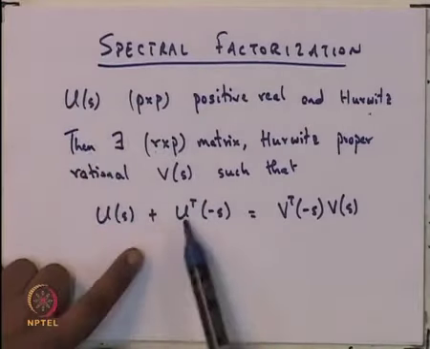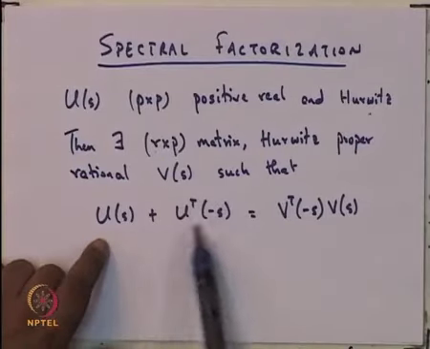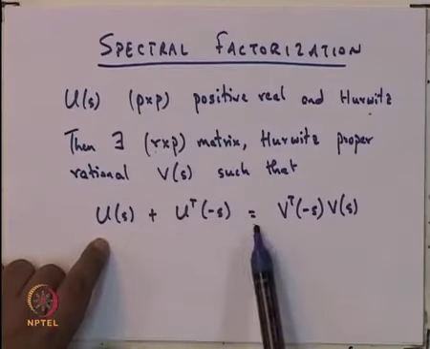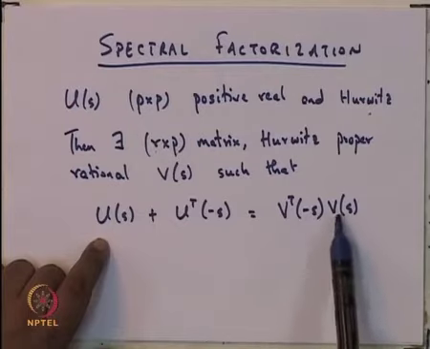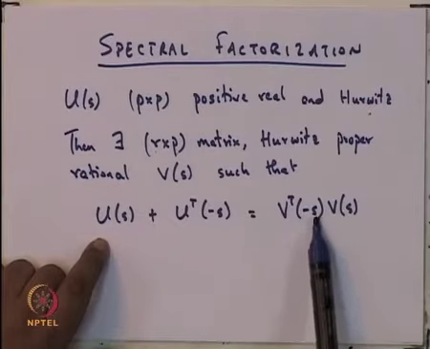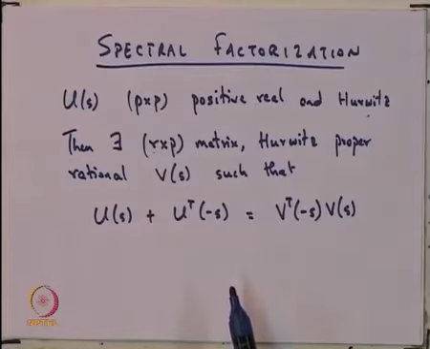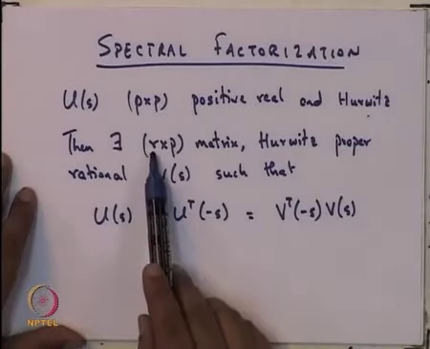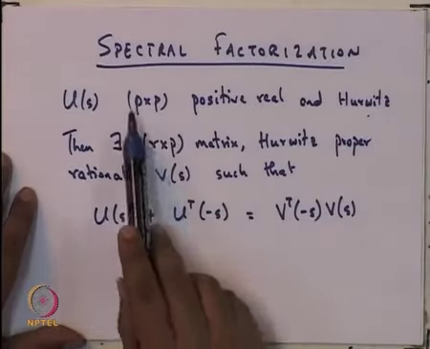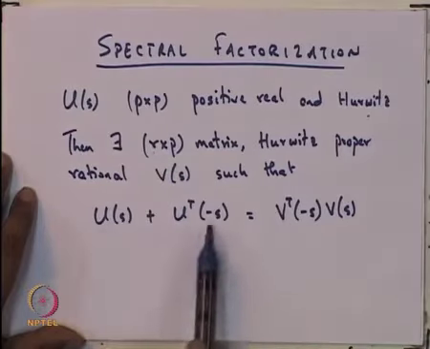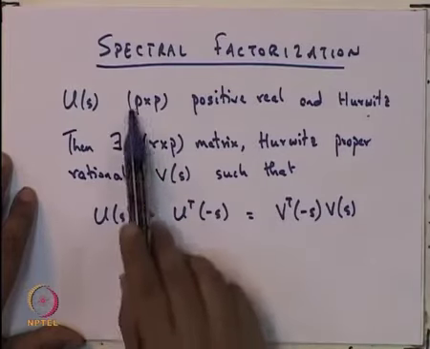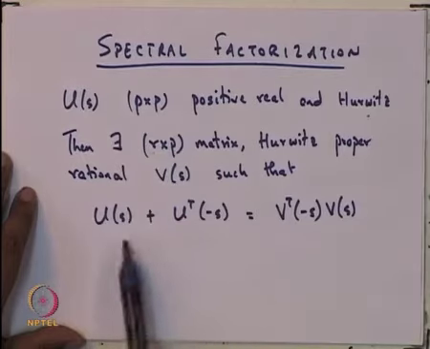this matrix U(s) plus U transpose of minus s, the sum of these two matrices, is equal to the product of V(s) with V transpose of minus s. And the R comes in the matrix case essentially because when you add these two matrices, they are P cross P square matrices.